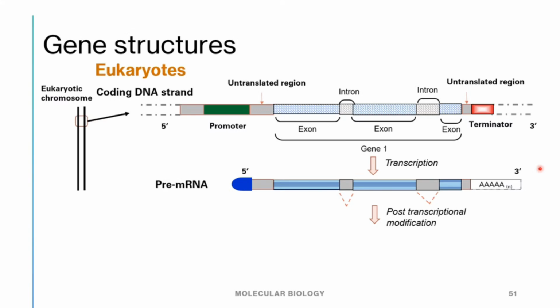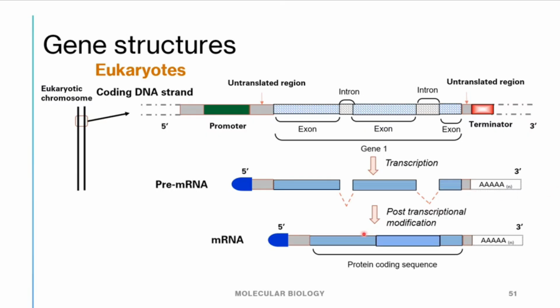And this will remove the two introns from the mRNA and paste the three pieces of exons together. And this will be the full protein coding sequence that will be present inside the mRNA. And then this piece of mRNA will be translated into protein.